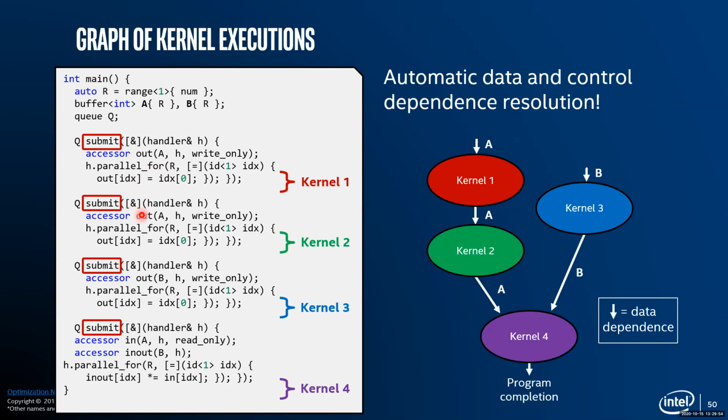The first job, and then I wait here, and then the queue.submit for the second job, which is kernel 2, right? And then kernel 3 is happening separately, which is independent, and I created an accessor for data B, and kernel 4, which is dependent on kernel 3 and the data A, right? So I created two accessors, A and B, and finally, that's how you control the data and how you create multiple queues and control the data.